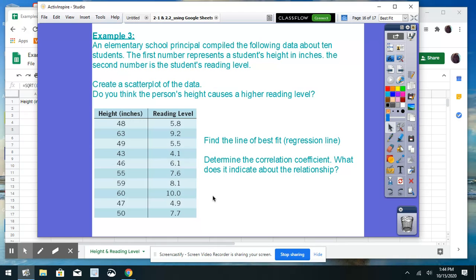This bivariate data may not be the best, but it should make sense that as you grow up from being a little kid to older, you are reading at a higher level. However, if you look at just people who are full size, and they get to their full height, you probably don't see that same kind of data. So just keep that in mind as well, that for this, they're looking at elementary school children and saying, well, yes, as the kids get taller, they're able to read better. That just kind of makes sense.